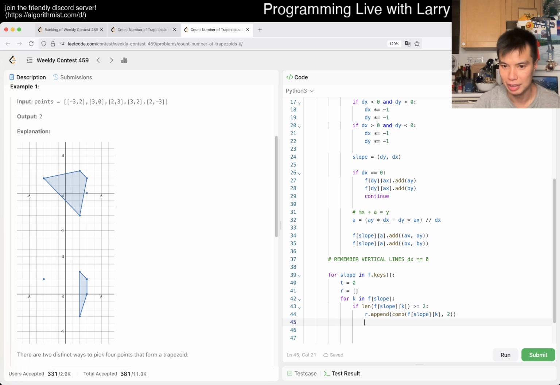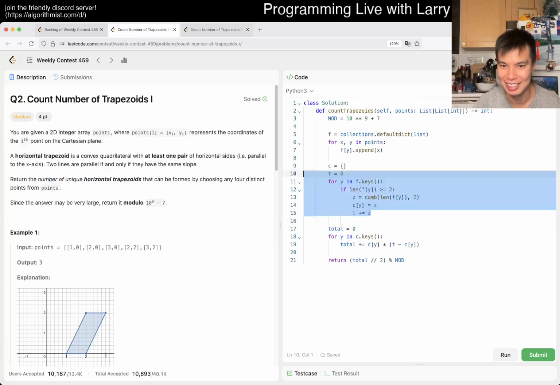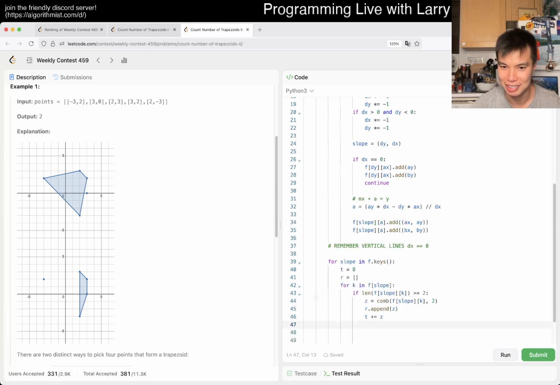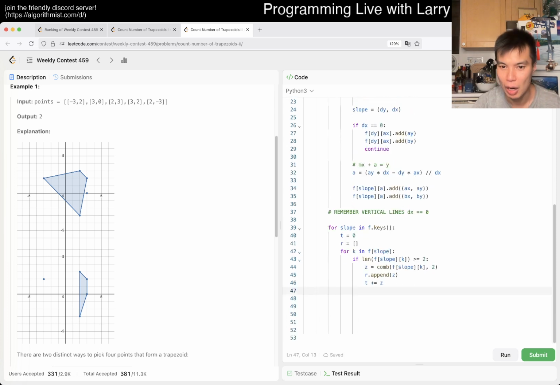And then that's it, right? Oh no, that's not it. I mean the same, we did it already, Larry. We did it already. Just copy and paste if you are unconfident. Okay, let's double check. I think that's right, except that I put it here instead, because I always mess things up. Okay, so then now we have the total, right? And then it's just for z and r, we have an actual total.